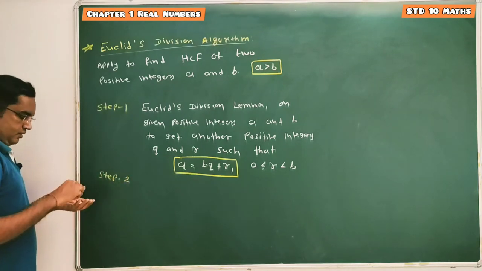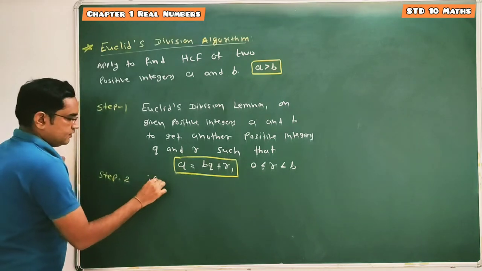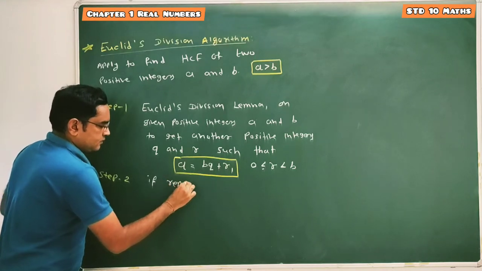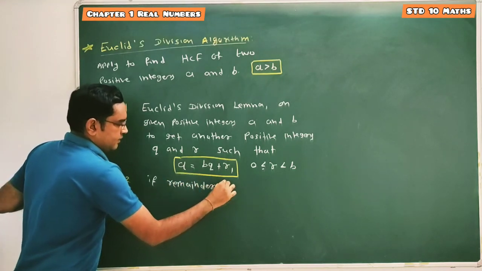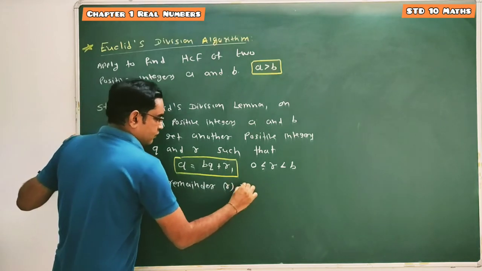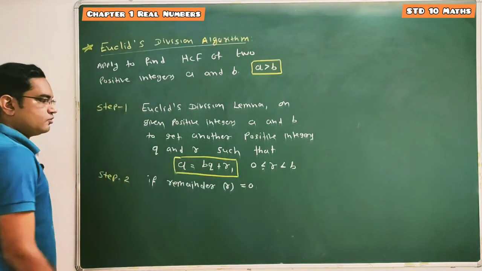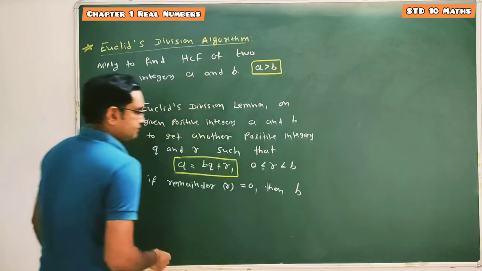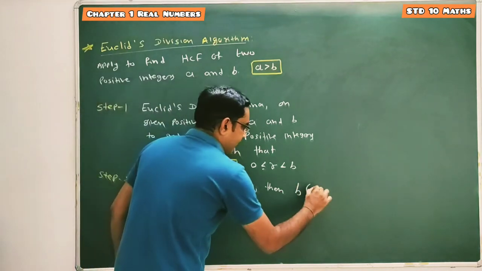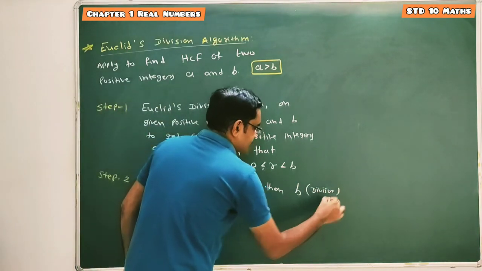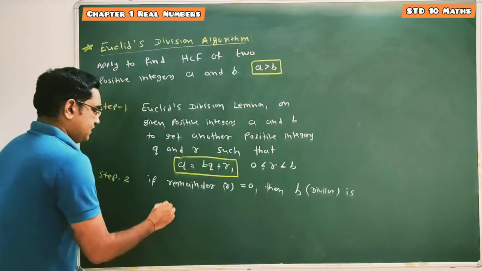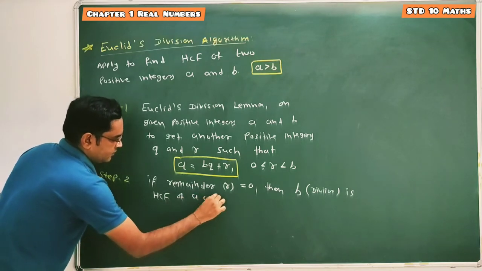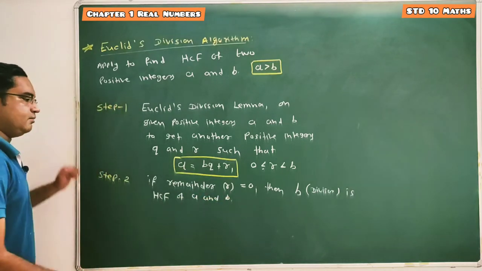Step number 2 says that if in this Euclid's division lemma the remainder r is equal to 0, then we can say that b, what is b? b is the divisor, is the HCF of the given two positive integers a and b.